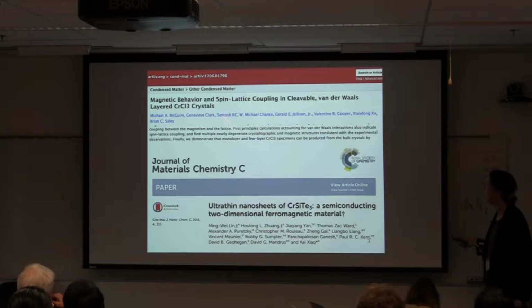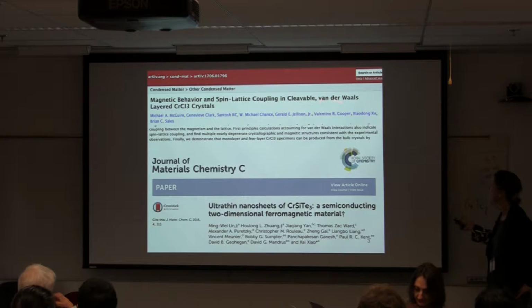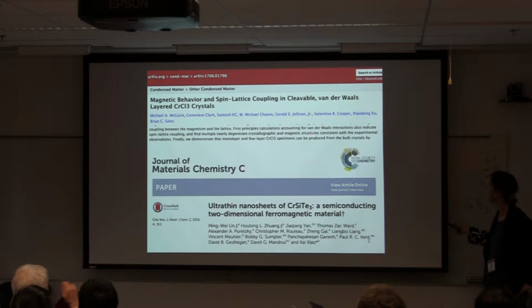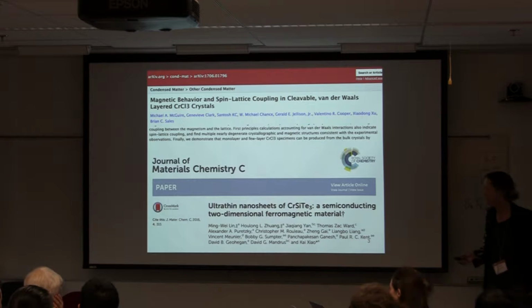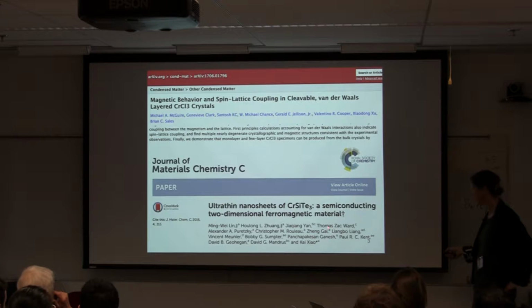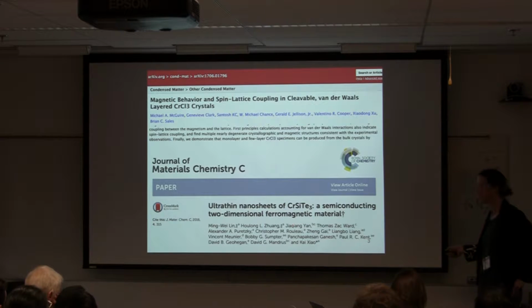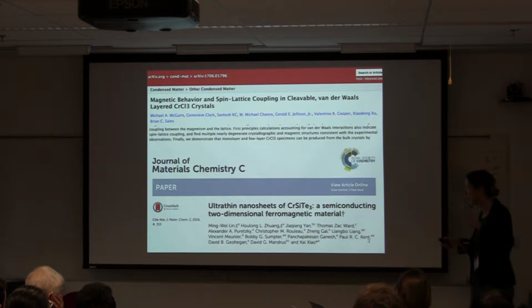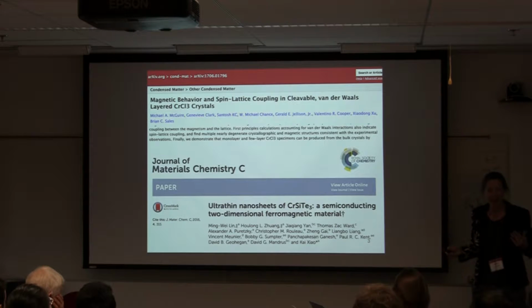And in the van der Waals magnets, here's an actual theorist collaborator who did the first principles calculations to show spin-lattice coupling in these van der Waals magnets. And in this paper too, there's theory throughout, so I couldn't just cut and paste it for you because there was a lot.